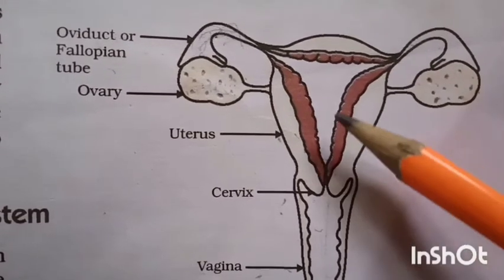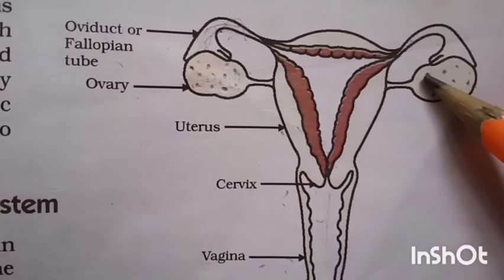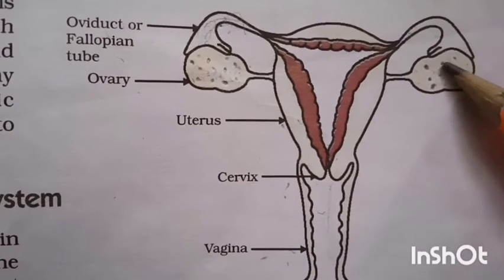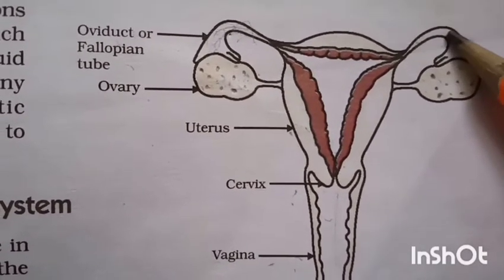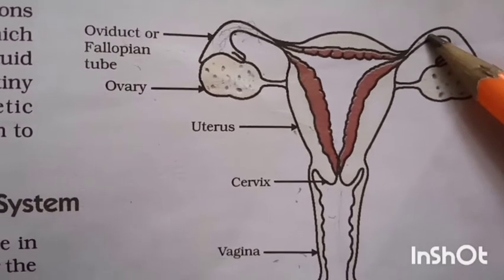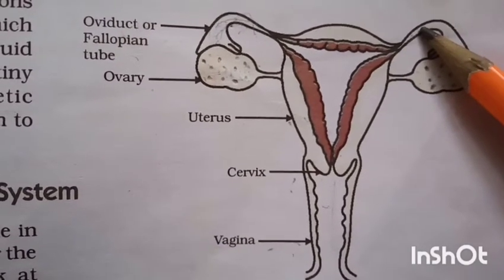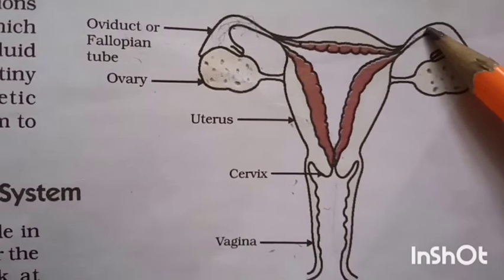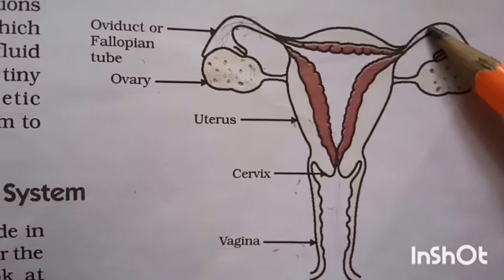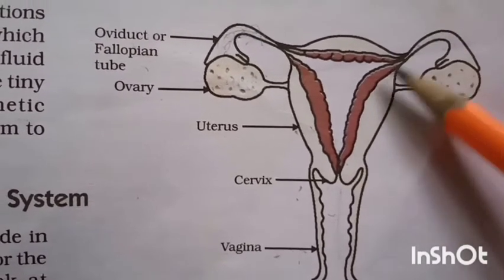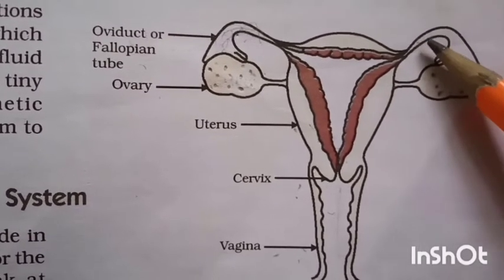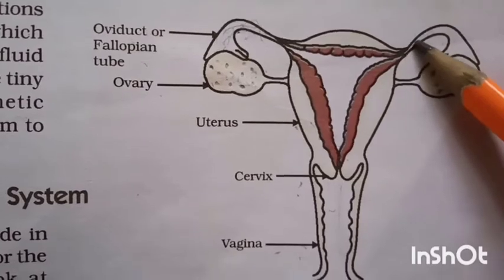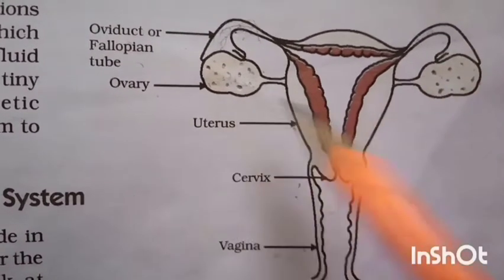At the same time, the ovary releases one ovum and that ovum moves through the oviduct. As I told you before, the oviduct is the site of fertilization. So the male gamete fuses with the female gamete in the fallopian tube or oviduct.